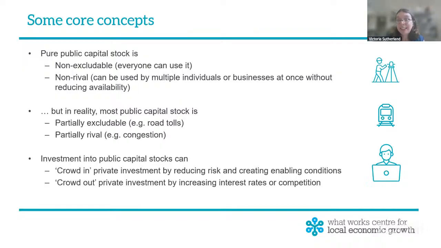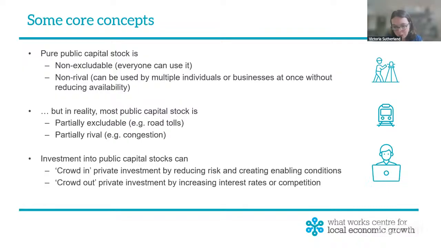One is you can't exclude anyone from using it. And the other is that it's what we call non-rivalrous. So what that means is that it can be used by multiple individuals or multiple businesses at the same time without reducing the availability.